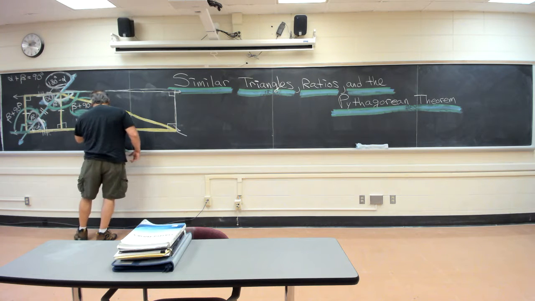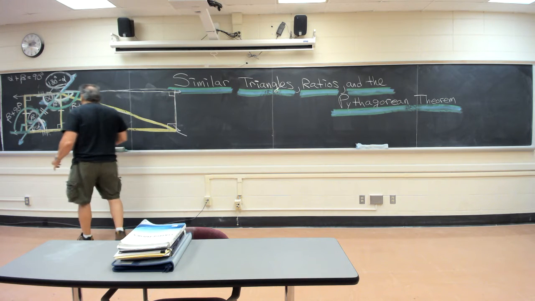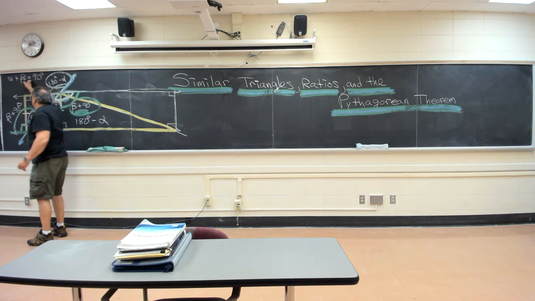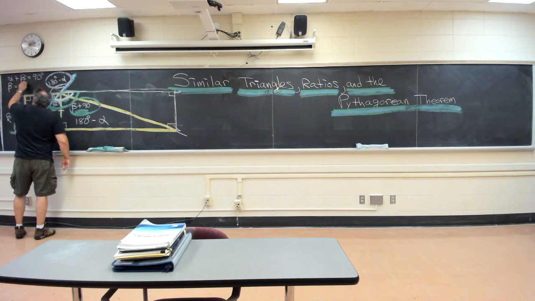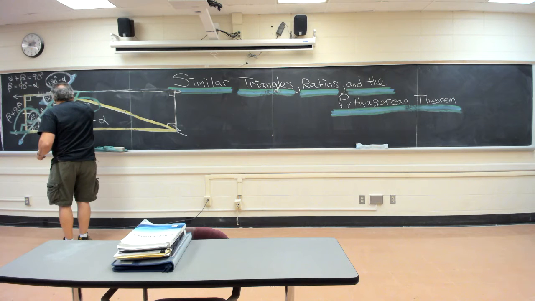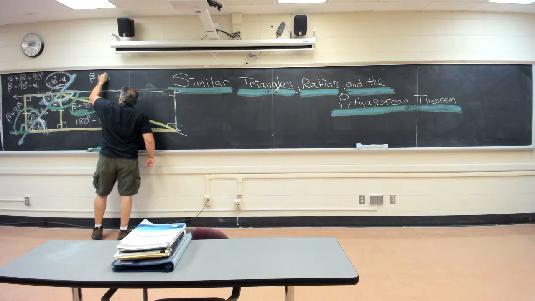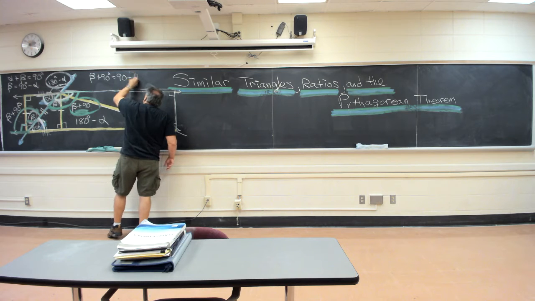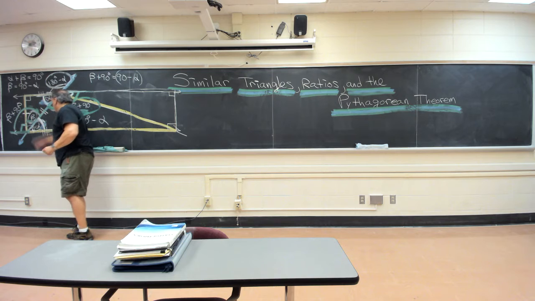I say, well, wait a minute. What are you talking about? Didn't you say it was beta plus 90? Yeah, I did. But aren't alpha and beta added together 90? Isn't beta going to be 90 minus alpha? If this is 90 minus alpha, beta plus 90, beta is the 90 minus alpha that we did, because these are complementary angles to one another.